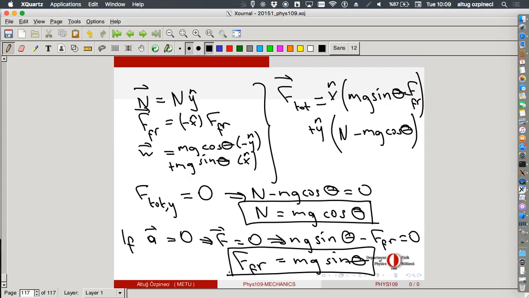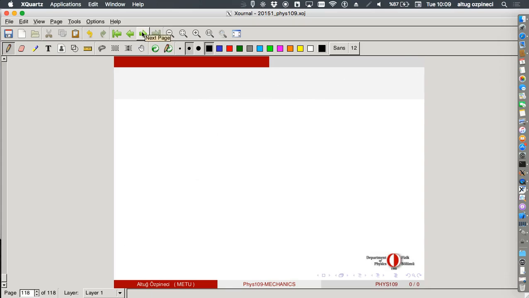As I increase theta, sine theta will increase. But as sine theta is increasing, the friction force will also be increasing. But this is still the static friction force. There is a maximum value that this static friction force can have. If F friction is the magnitude of the static friction force, this should be less than or equal to F static max, which we know is mu s times the normal force.